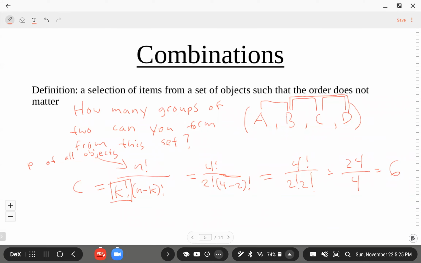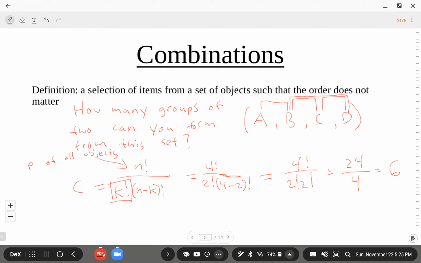But why k factorial? Can we just divide by k? No, that is not the case because here order does not matter. Let's say you pick A and B. So AB is a group of 2, but AB is the same as BA, right? There's no point in calculating order because it's the exact same. BC is the same as CB.